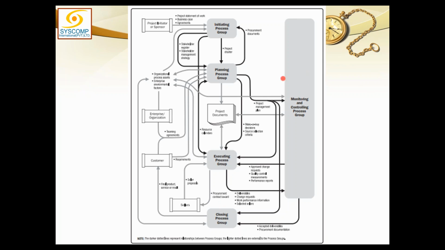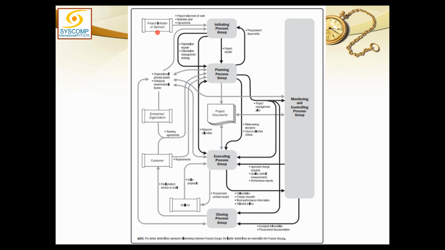We are not going to talk about the processes included in these process groups right now, but we are trying to establish the interlinkages or interactions amongst these process groups. Then we have got some external boxes like these. This is the initiator or the project sponsor.